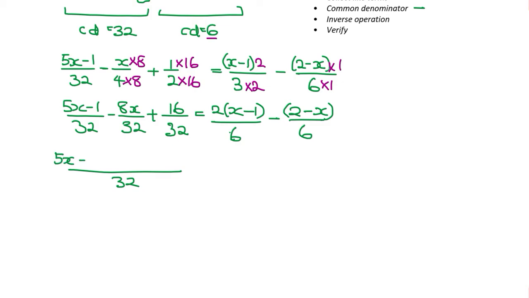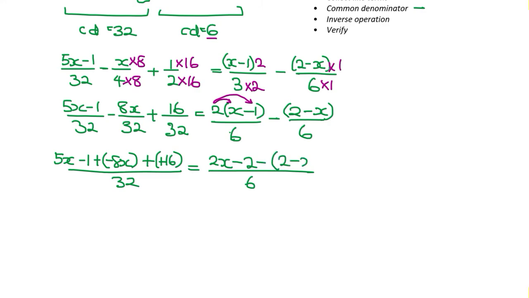So we have (5x minus 1) plus in bracket minus 8x, and this is plus positive 16, and on the right side we have the common denominator to be 6, and in here we have distributive properties, so 2 times x, and 2 times negative 1, and as a result of that we have 2x negative 2, and this is minus, don't forget the bracket, (2 minus x).